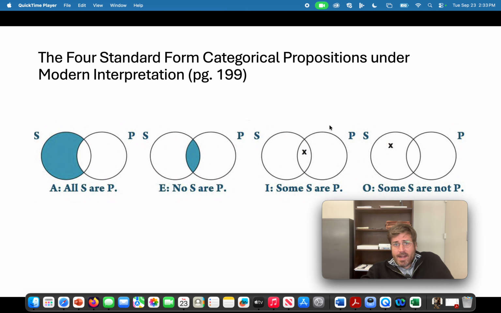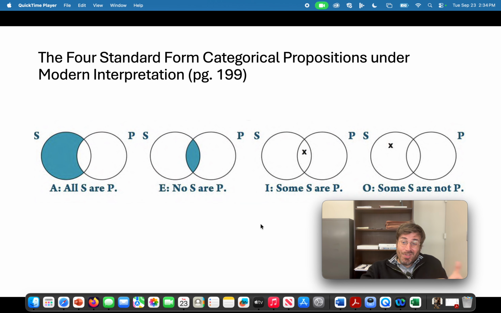In the particular categories, we have for the I proposition an X to indicate the belonging of at least one member of S that is also a P. So some S are P, we place as an X in region 2.